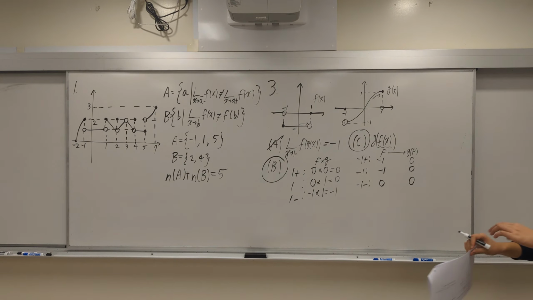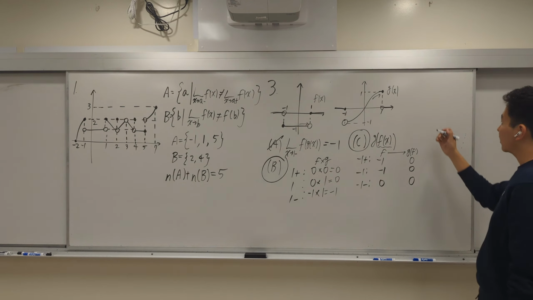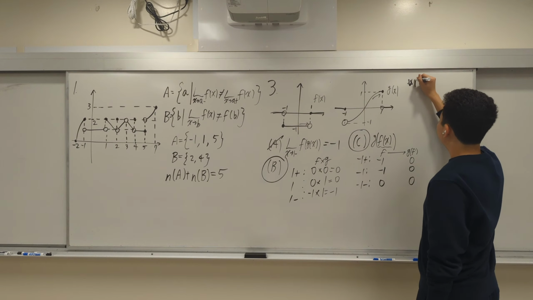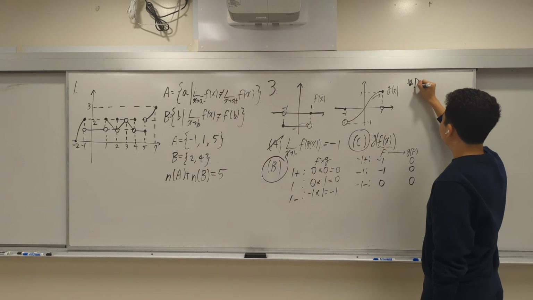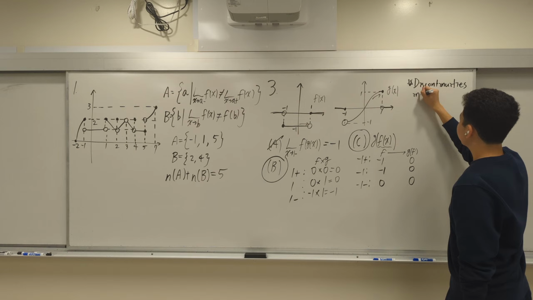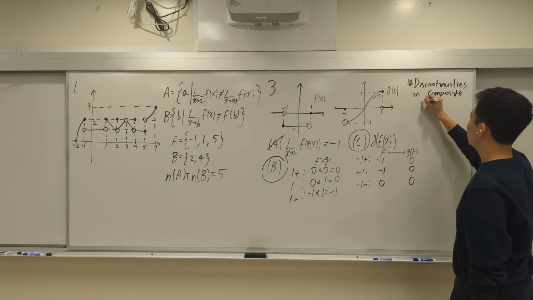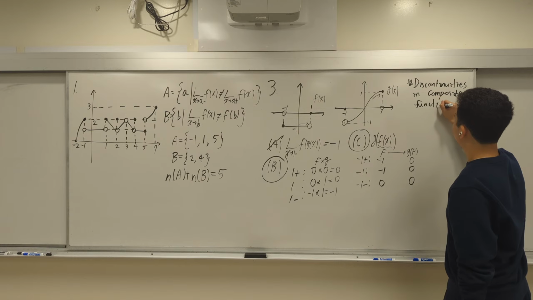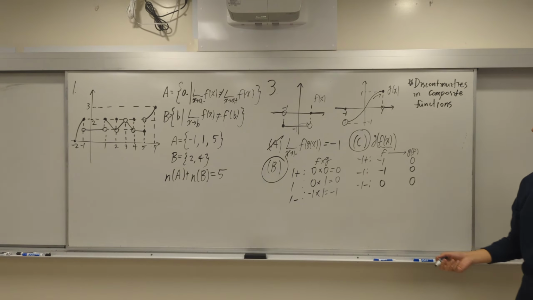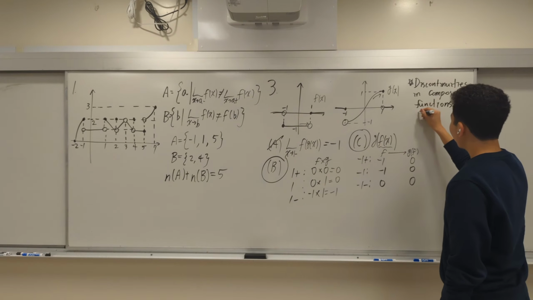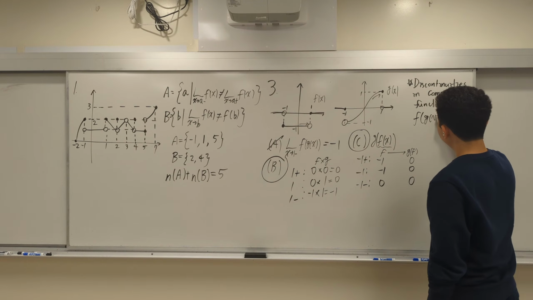So a couple of things to note about composite functions. If you want to scan for discontinuities in composite functions, what you have to watch out for is there's an outer function and an inner function, right?